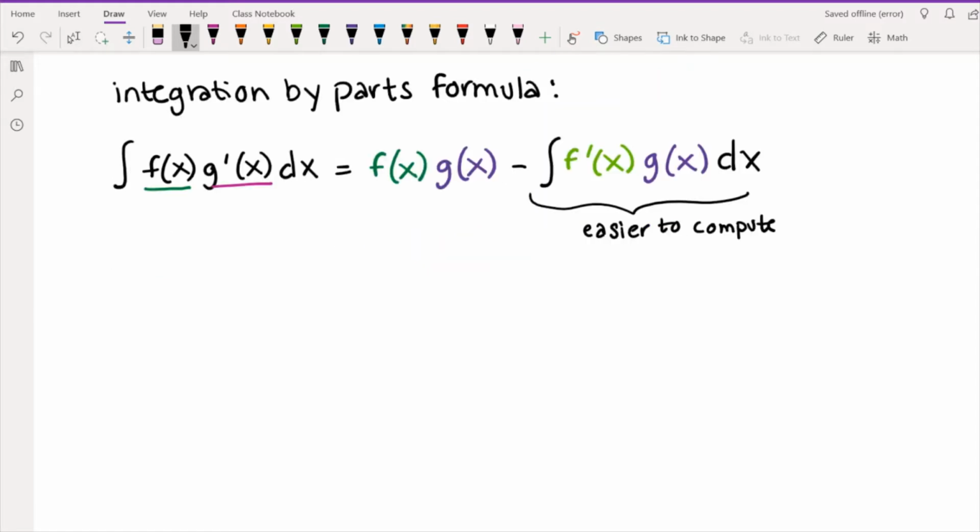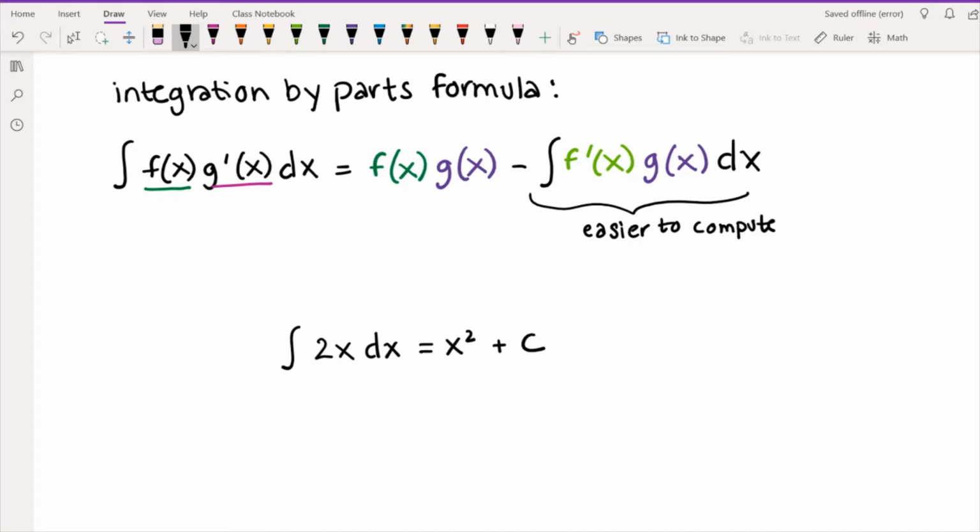So why does this work? Well, let's actually show that this is a true statement. And the way we can do that is by taking the derivative of the right-hand side, right? Because, for example, this is completely unrelated, but why is it true that the integral of 2x dx is equal to x squared? How could you check that?